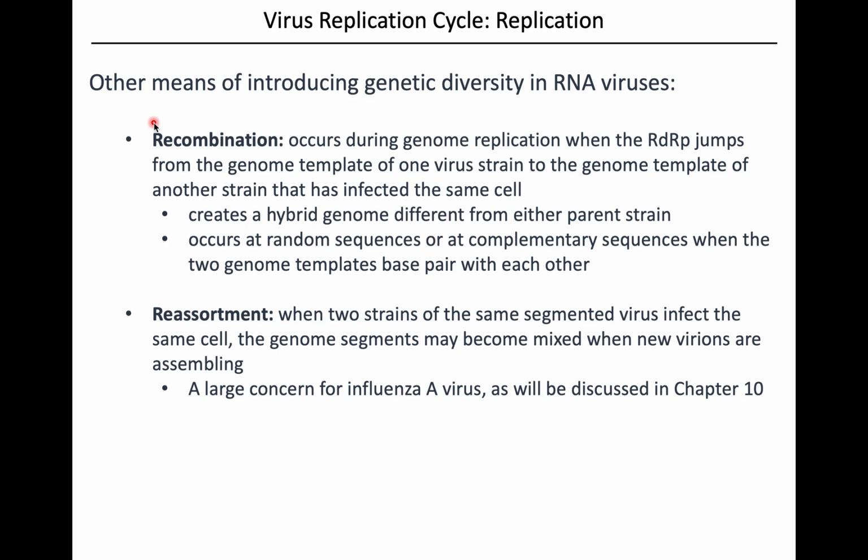So one is recombination, and this could occur if you have two different strains, basically two different genetic variants of one virus, that have infected the same cell. And when the RNA polymerase, called RdRp, which stands for RNA-dependent RNA polymerase, is copying the genome, it may sometimes jump from one strain to the next, basically back and forth.